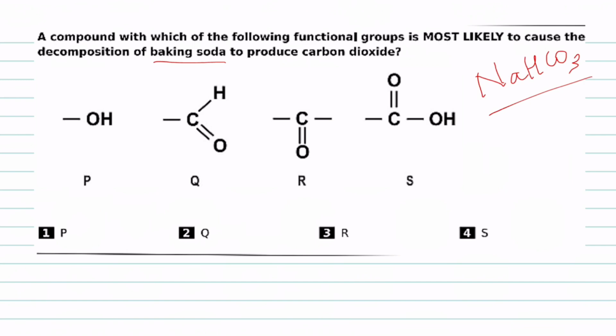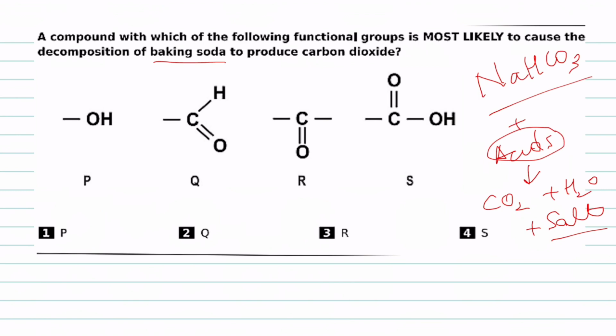And we know that metal carbonates or metal hydrogen carbonates upon reaction with acids produce carbon dioxide, water and salt, right? So which among these is an acid? This is an alcohol, this is aldehyde, this is ketone and this is the acid. So clearly the answer is S.